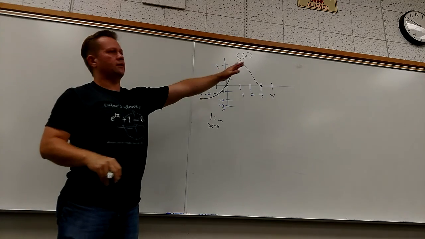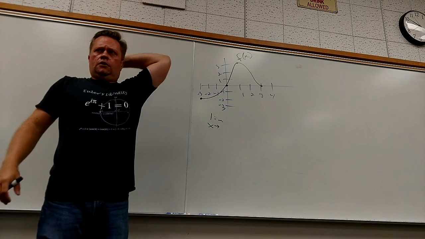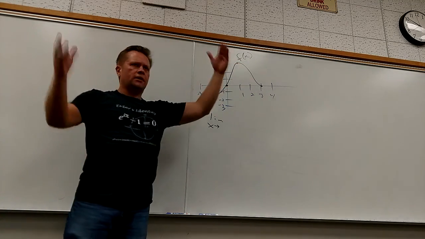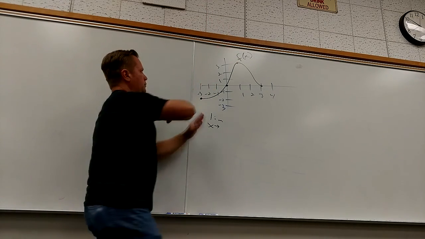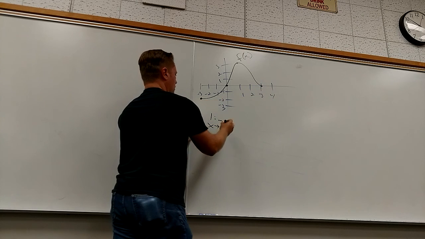Is there anything freaky about this function? You might be freaked out that it starts, but that's normal. You can have a restricted domain, no big deal, right? There's absolutely nothing freaky about this function.